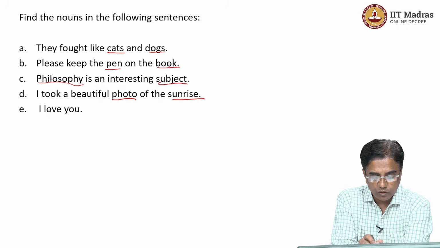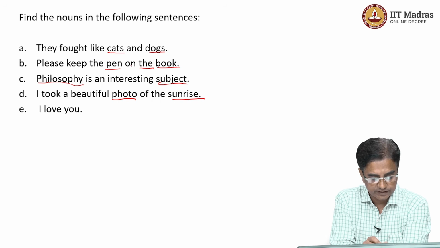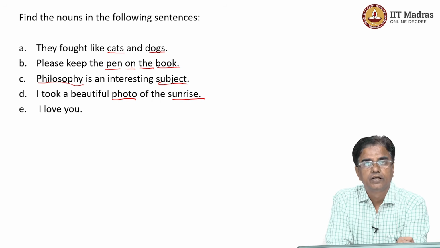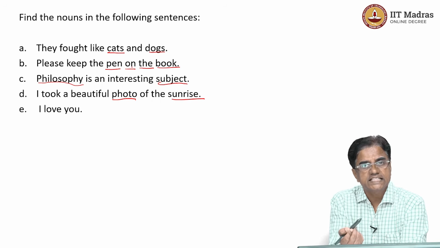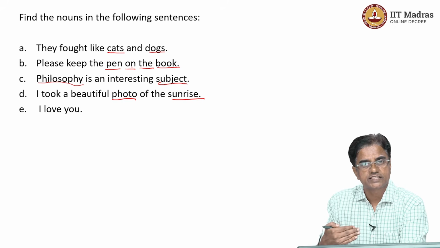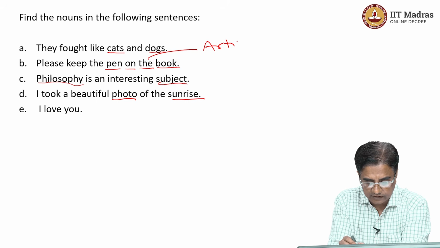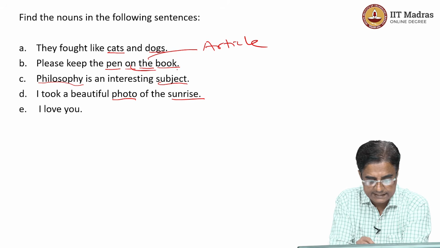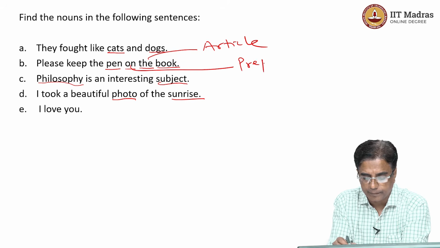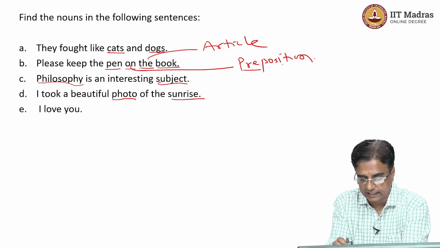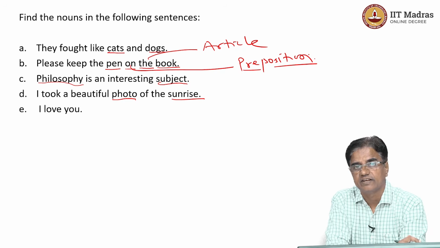Look at here, on the book. This is one class of word. This is one class of word. Though we have not discussed that so far and we are going to discuss them, I can tell you this is an article and this is a preposition. We are going to talk about them and we will connect these discussions at that time as well.